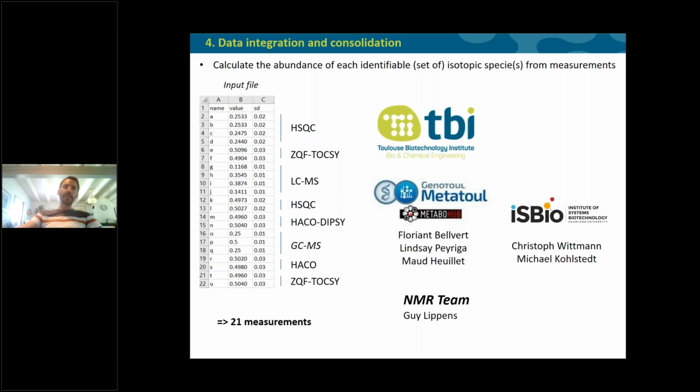And we ended up with this data set. So for alanine, we were able to obtain a total of 21 measurements with different NMR methods, with LCMS and with GCMS.